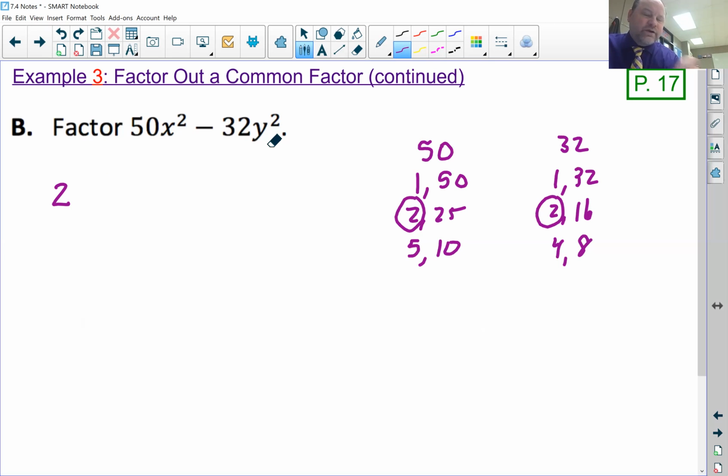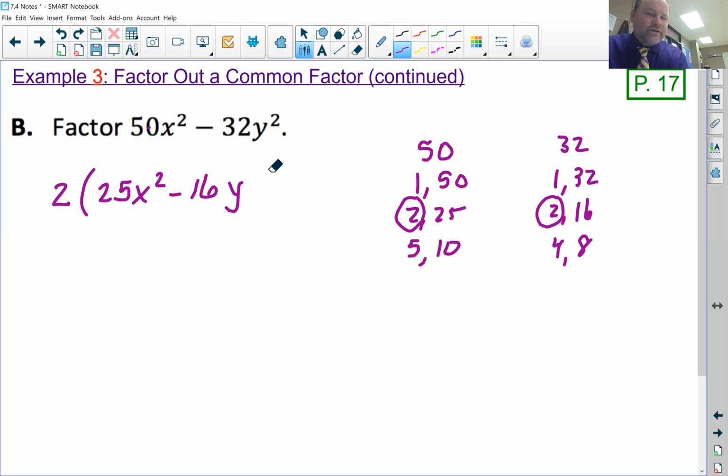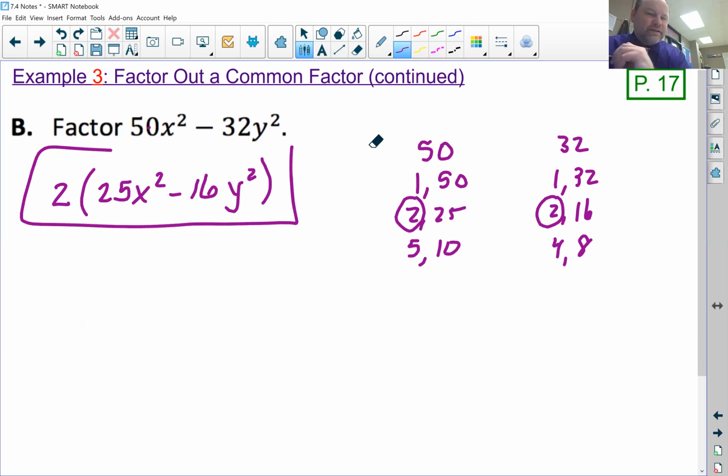Here I have y squared and no x's. So they don't both have the same variables. So there's not going to be a variable in my common factor. 50 divided by 2 is 25, and I still have the x squared. Negative 32 divided by 2 is negative 16. I didn't factor out any variables, so I still have y squared. That is my greatest common factor.